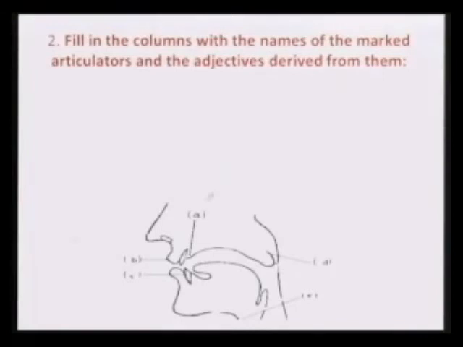Fill in the columns with the names of the marked articulators and the adjectives derived from them. شكل تاني، ده شكل تاني. دي اسمها ايه؟ لسه قايلينها دلوقتي upper lip. طيب ده معلم ايه؟ Lower teeth وده alveolar ridge.